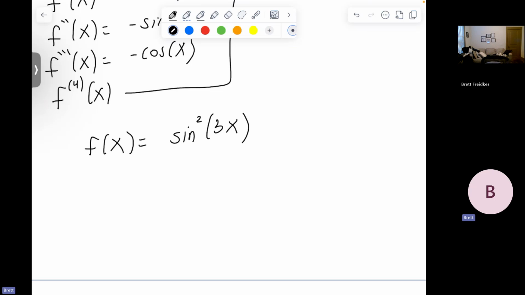If you look at this, I'll write this to make sure we're on the same page. Maybe I'll try to do different colors. Sine, I'll do it in red. Sine of 3x, squared.